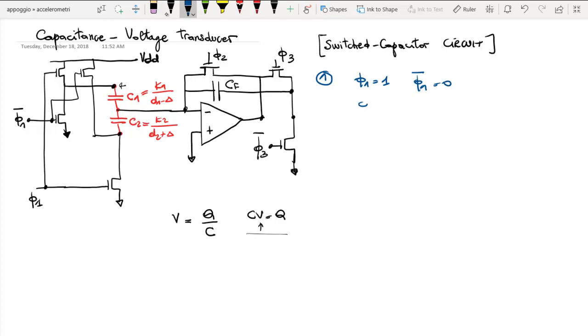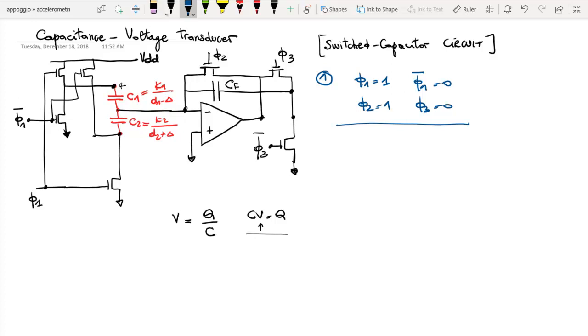So, just to complete, phi 2 is equal to 1, and phi 3 is equal to 0. This is the first configuration. Okay? So, let's try to understand what this means in terms of these switches.